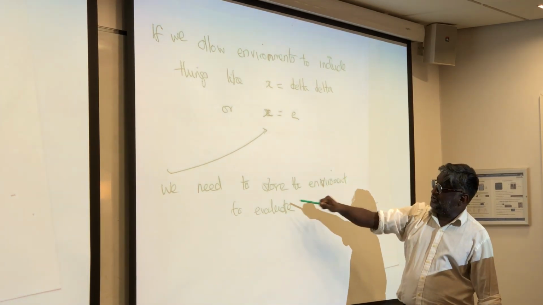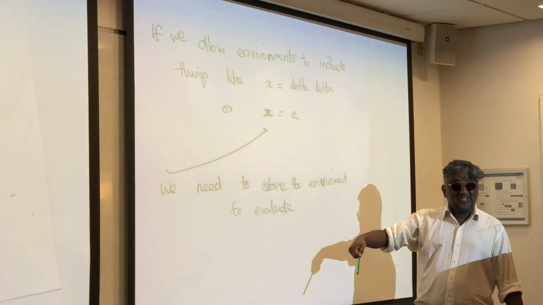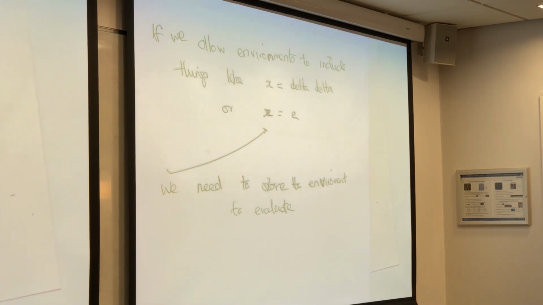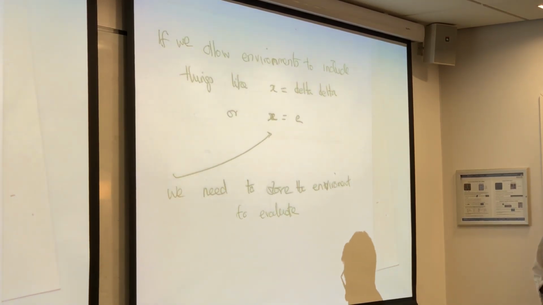So that means we need to store the environment in which to evaluate e inside this environment. So now it's going to get more complex. The environment will be a list, and you can't just say a term. You need to say the environment for that term, because that term isn't a value. So this is the first ramification of what we're going to do.